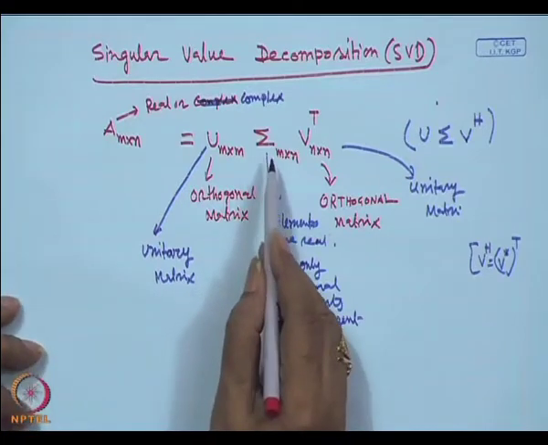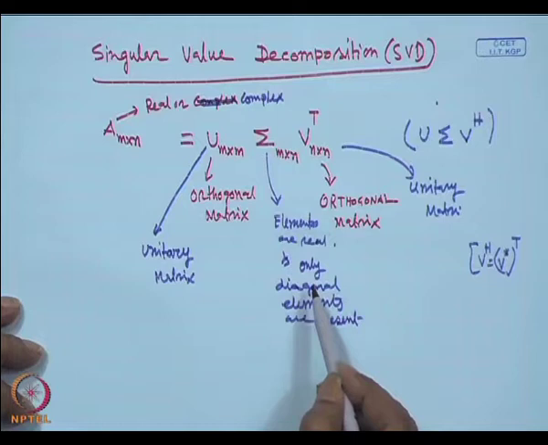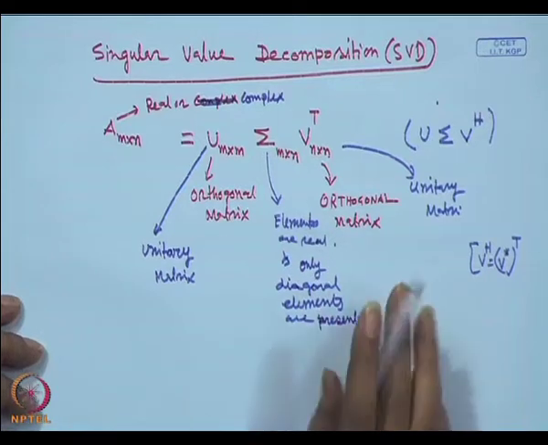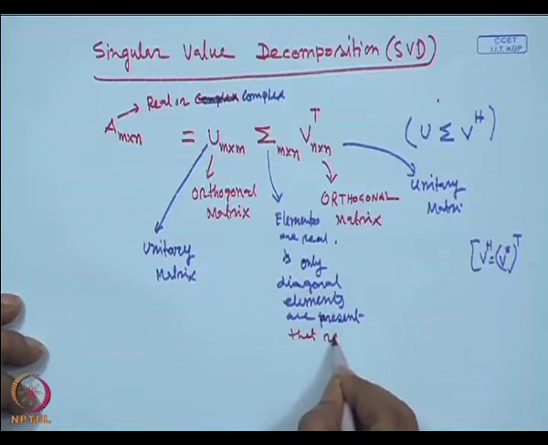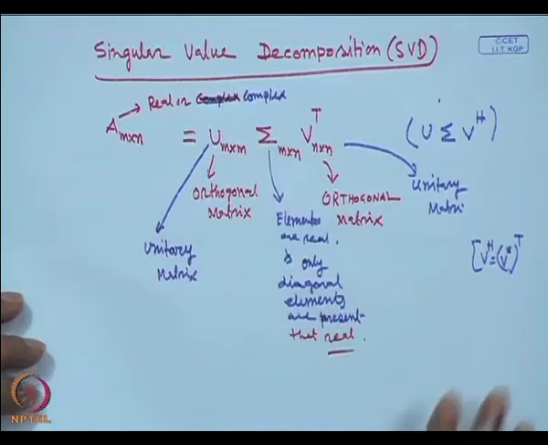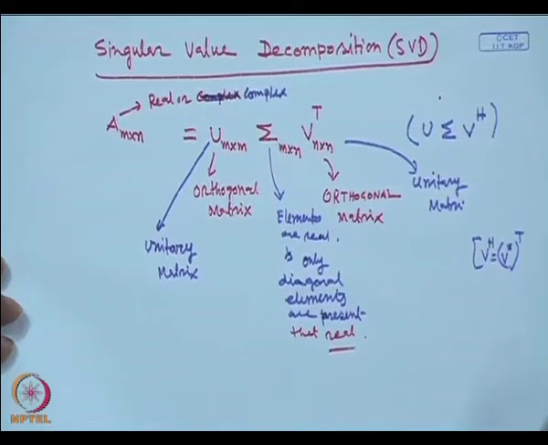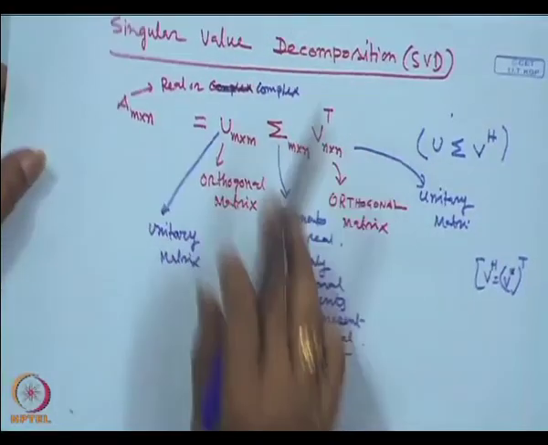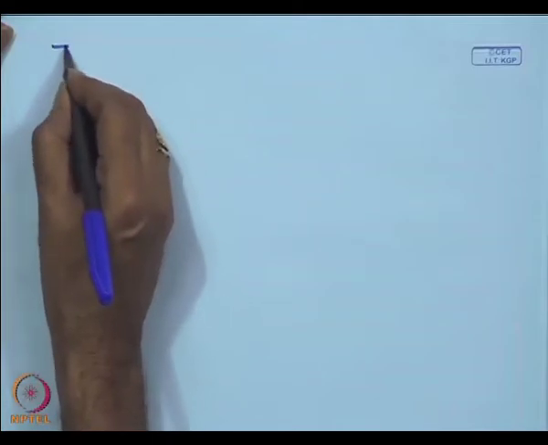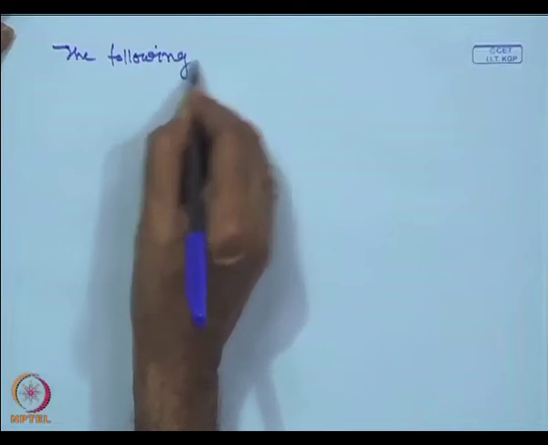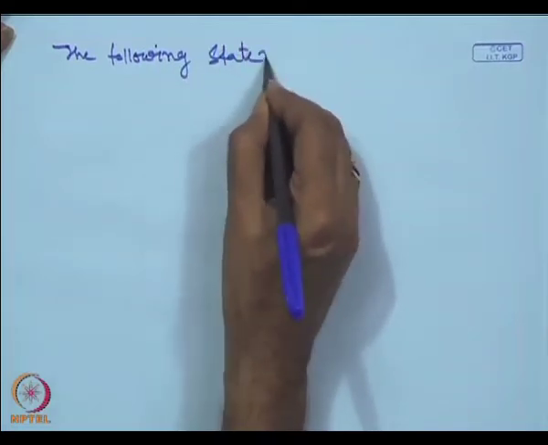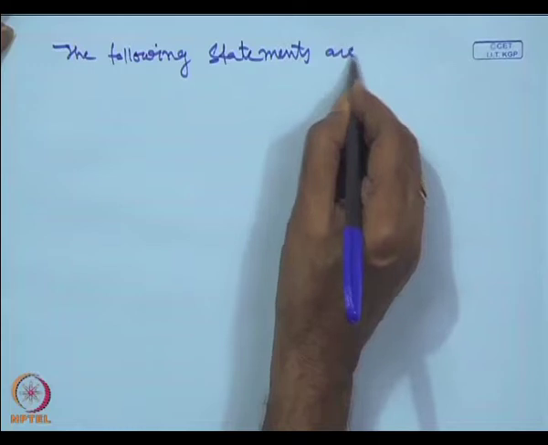Whether it is complex or real, only the diagonal elements are present and they are real, in both cases. So, there are a few properties. From this we can make a few statements. The following statements are true.